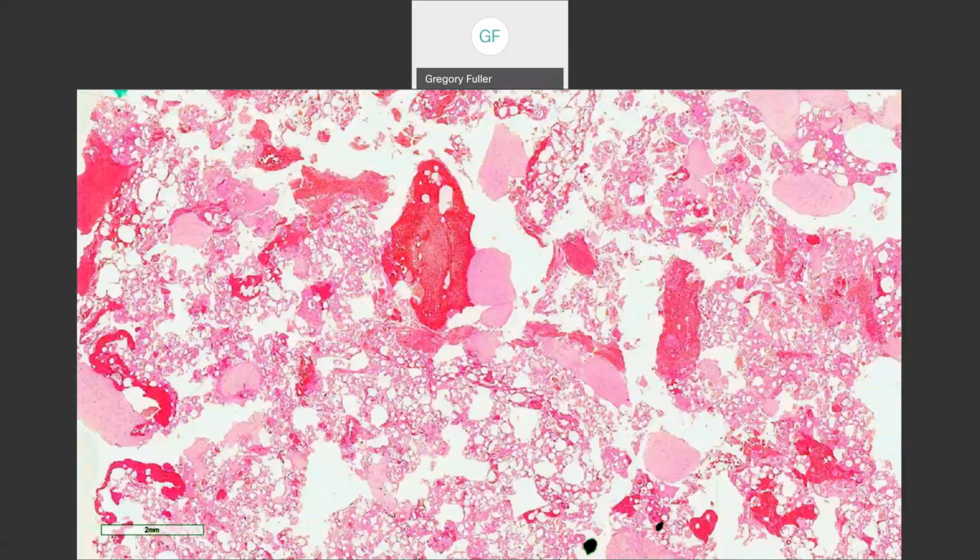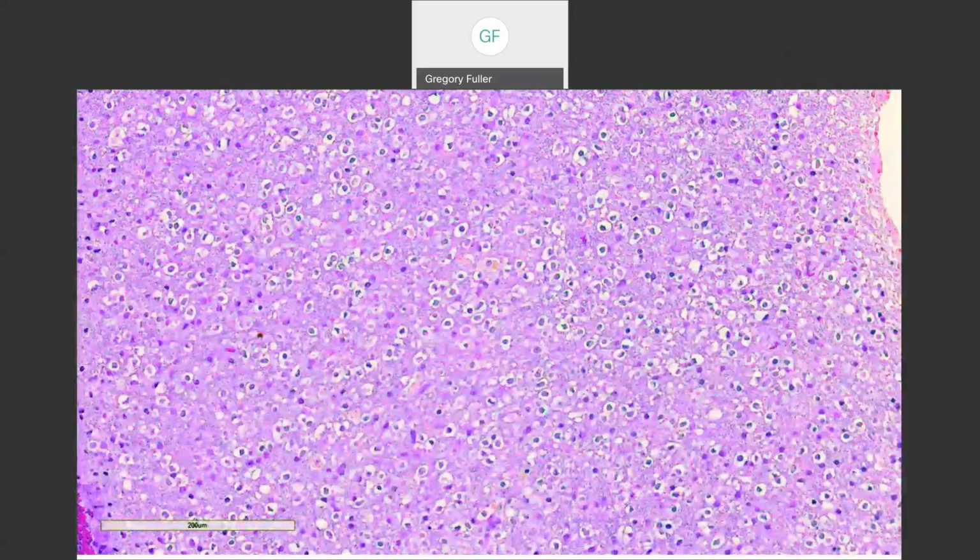We have to be very careful of artifacts, etc. And again, another oligodendroglioma, a classic round, regular, monotonous nuclei, cytoplasmic clearing. So in this particular case, that calcification was predictive of oligodendroglioma.